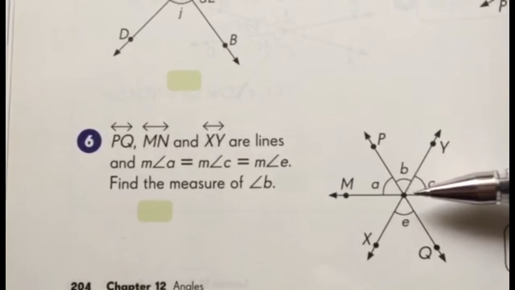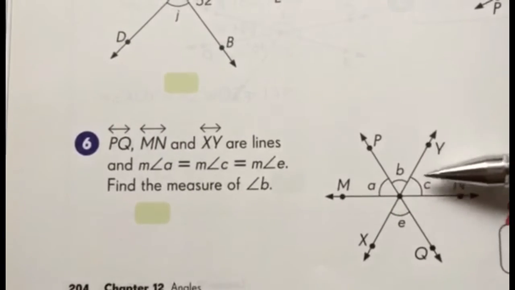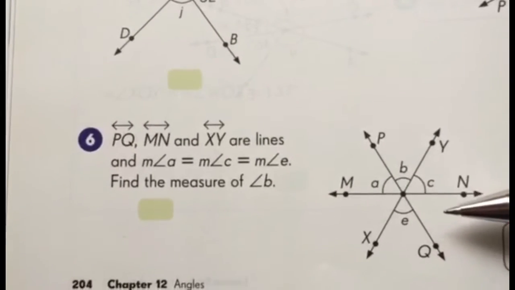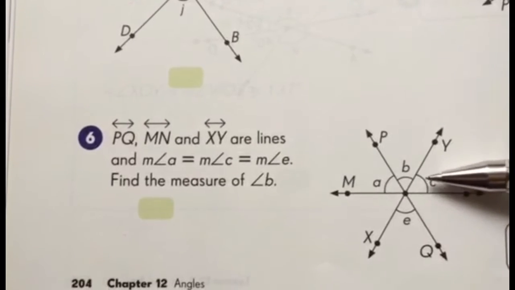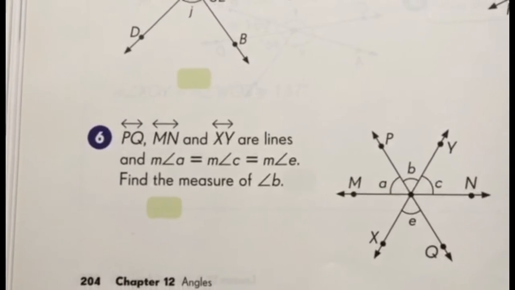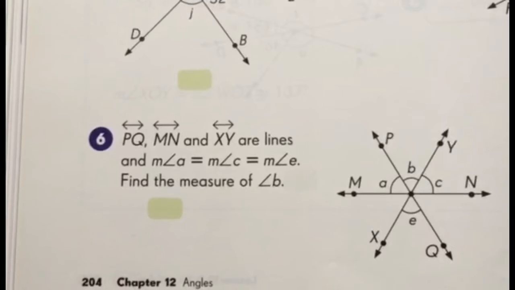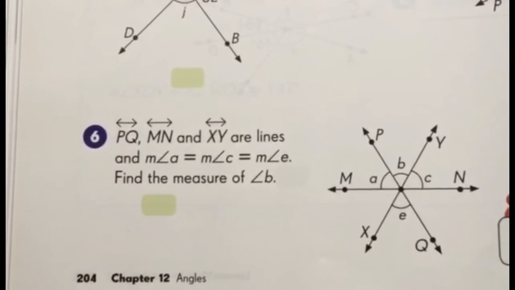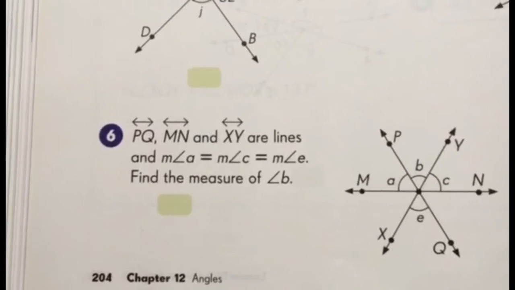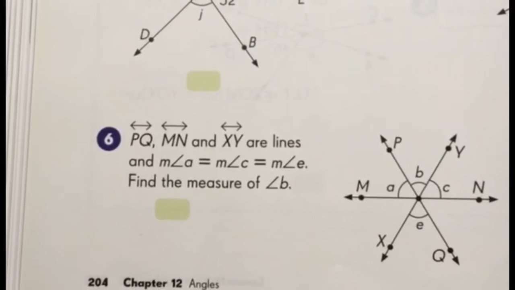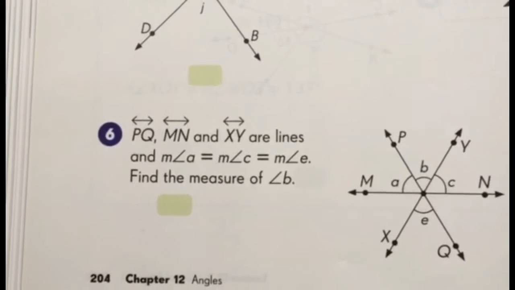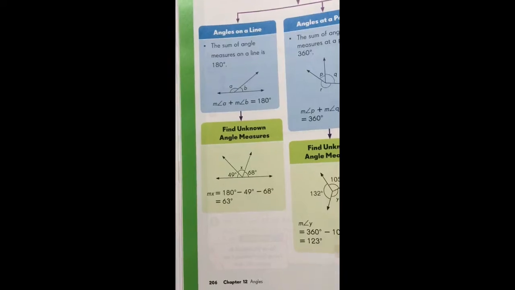And also know that these are angles at a point, and the sum of these angles would be 360 degrees. And that would be enough for you to know. So I hope you find this homework easy enough and enjoy doing it.